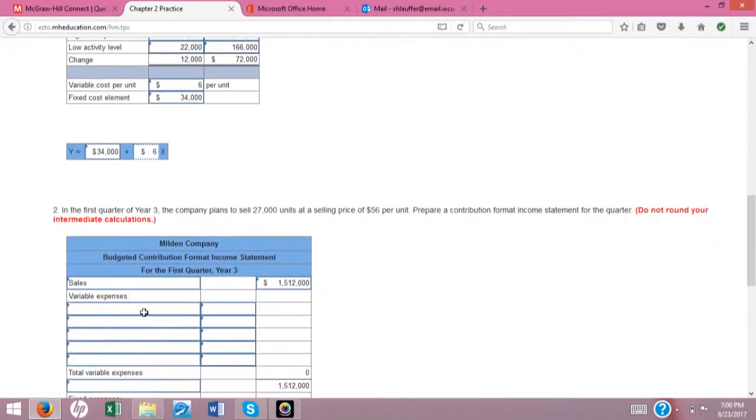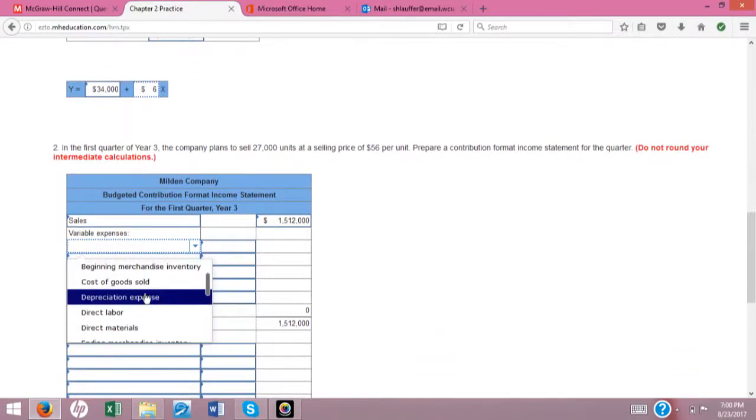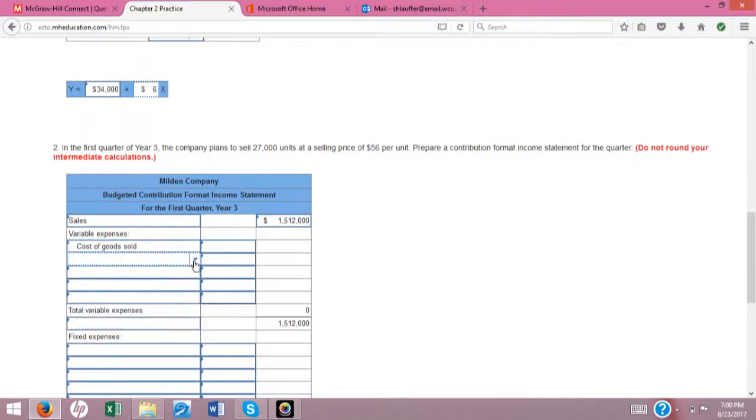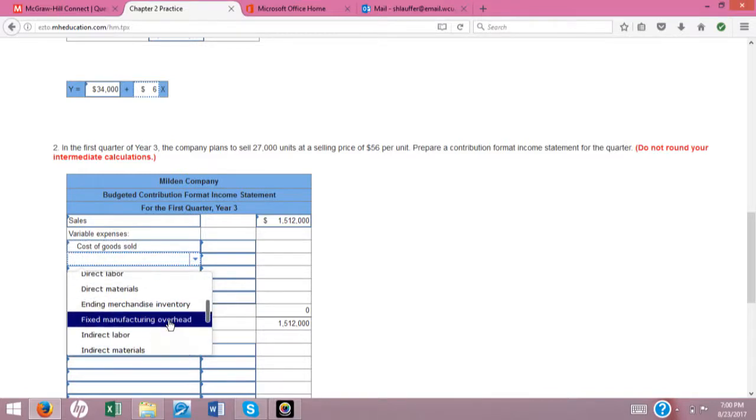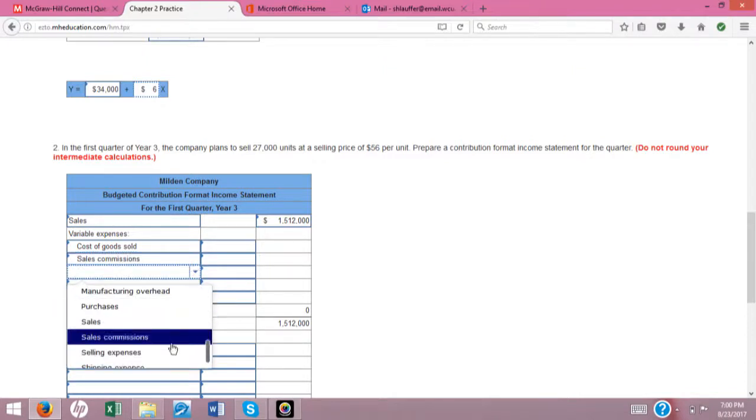So we're going to go down here, and we've got 3 of those. Cost of goods sold, our sales commission, and our shipping expense.